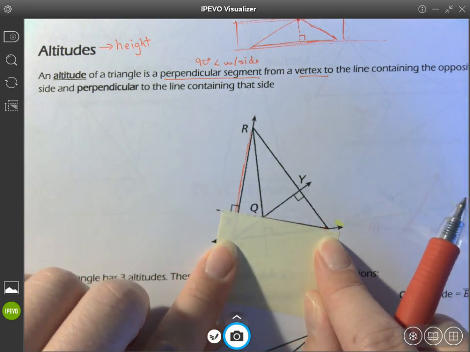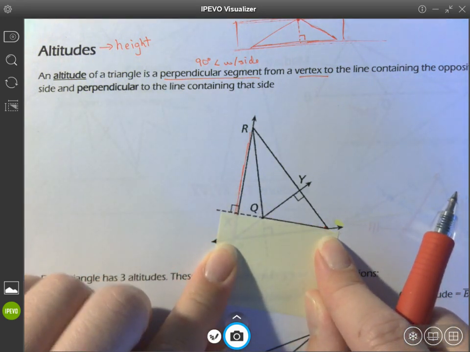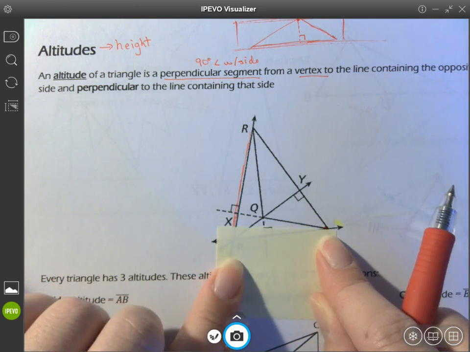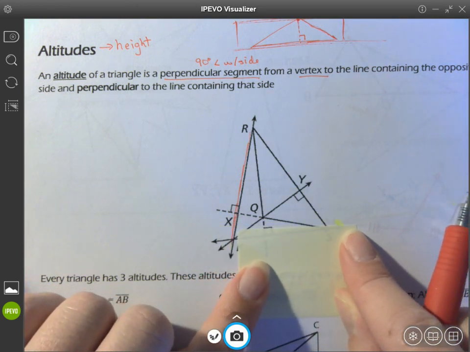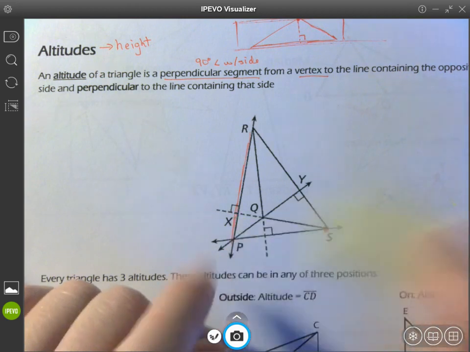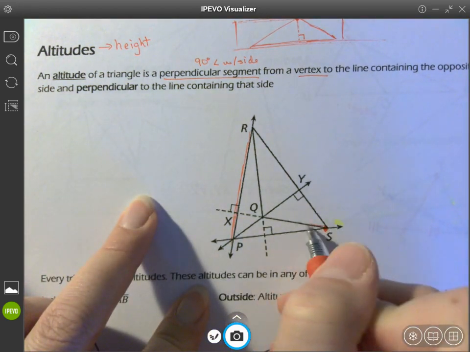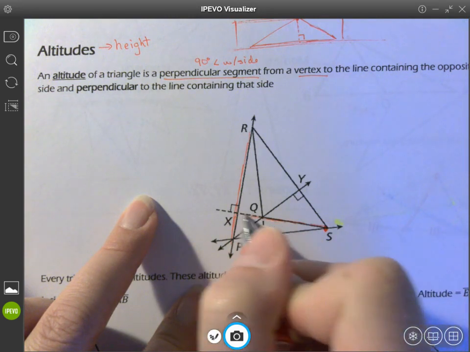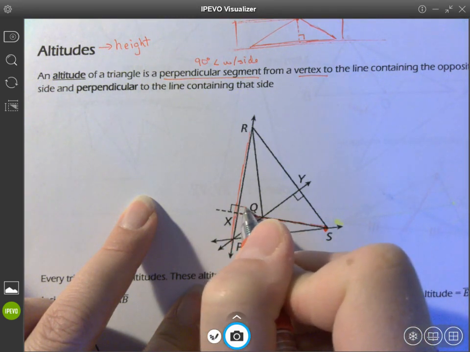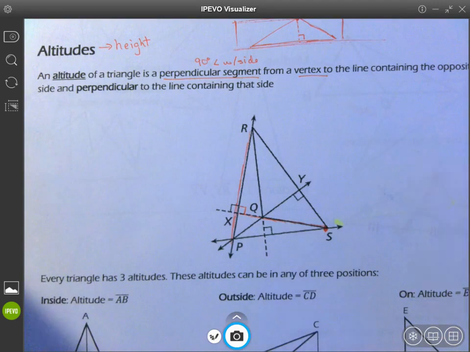Okay, here is a 90-degree angle. That is what you're going for. See, if I extend it, my yellow paper does not make that 90-degree angle. So that's what you have to look for. So you would be adjusting it. And so we create this line that goes across and it makes a 90-degree angle. And they just show that outside of it. All right, so let me trace another one for you.